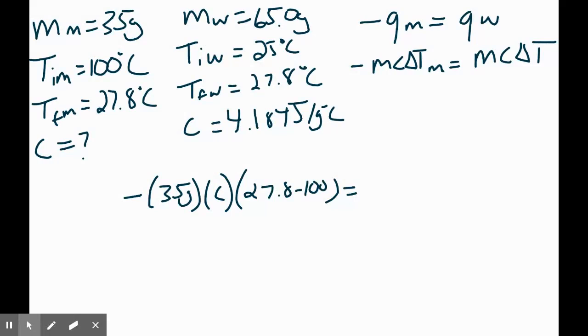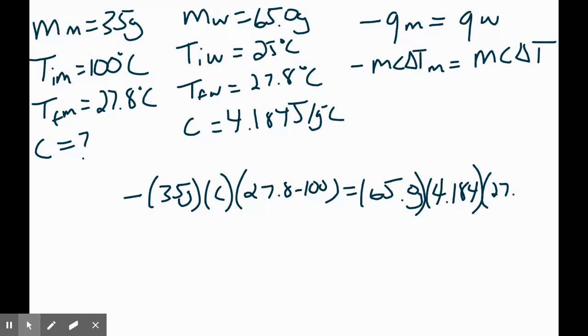Now the right side of the equation for the water will be 65 grams times 4.184 times the change in temperature, which is 27.8 minus 25. So when you solve for C, you are going to multiply 65 times 4.184 times 27.8 minus 25.